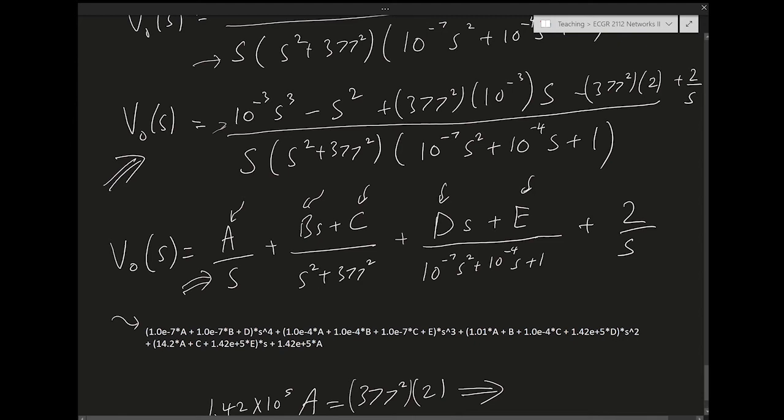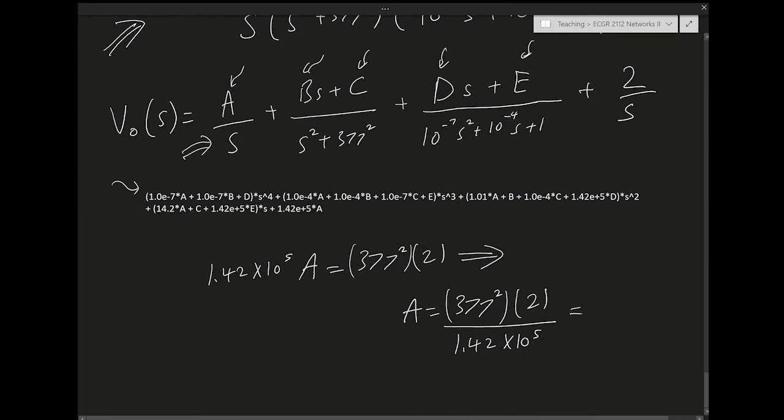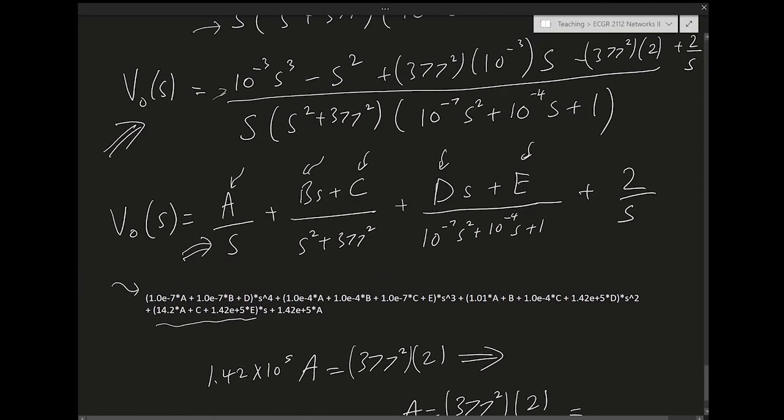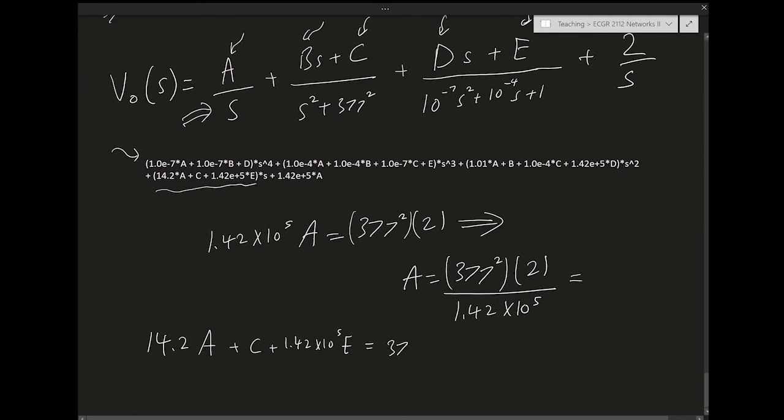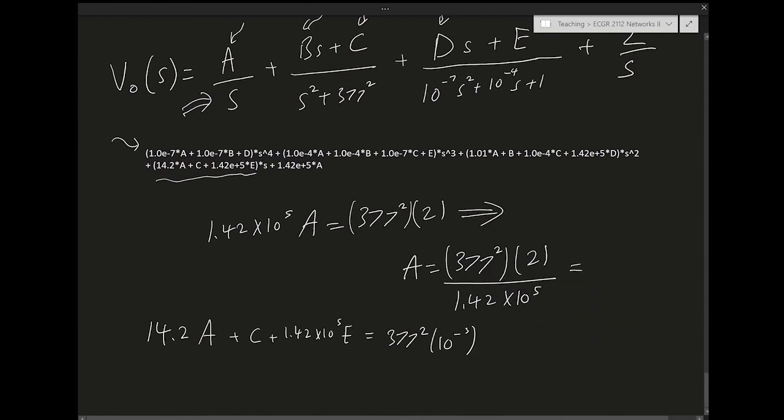See the terms of S. S has A, C, and E. So the terms of S are 14.2 A, we already know A, plus C plus 1.42 times 10 to the power 5 E, equals 377 squared times 10 to the power minus 3.